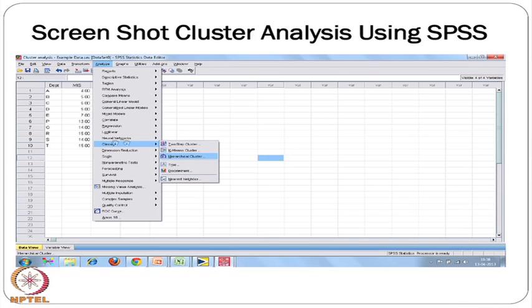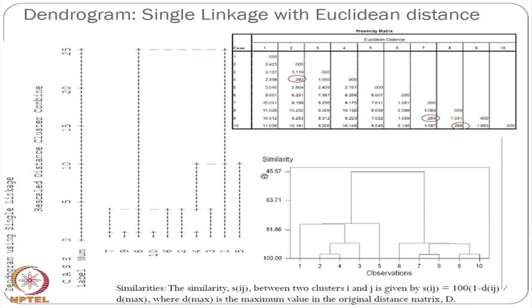See what we have done in this screenshot of cluster analysis: we have gone to analyze, then classify, then hierarchical cluster. There are two-step cluster, k-means clusters, hierarchical clusters. There are tree and discriminant, which are different techniques. Then there is nearest neighbor, also a different technique.